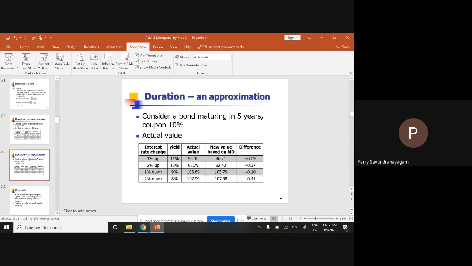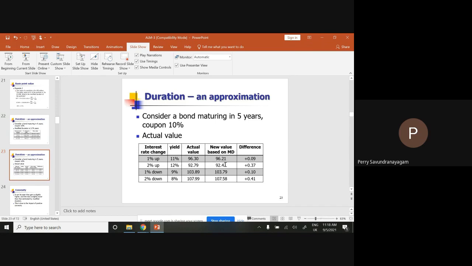Consider a bond maturing in 5 years. Coupon is 10%. And the actual value of the bond is whatever the bond is. So the interest rate change is, basically, yield is 11. Actual value is this.